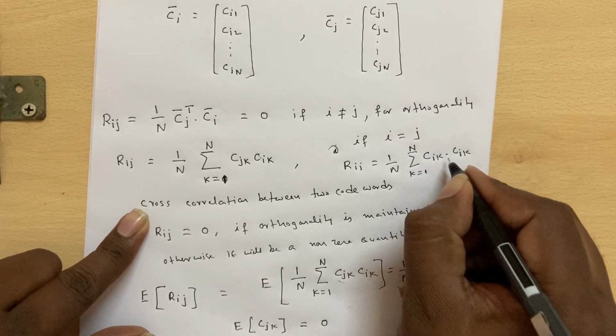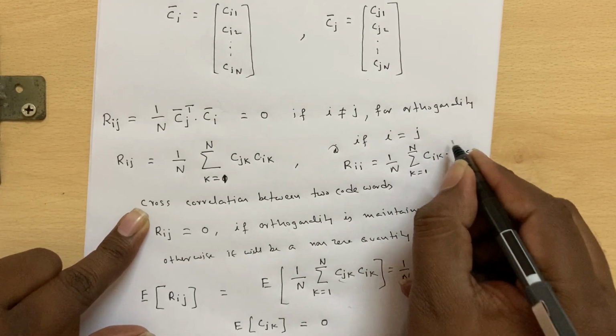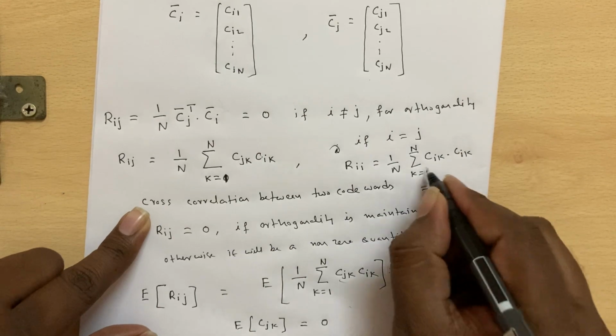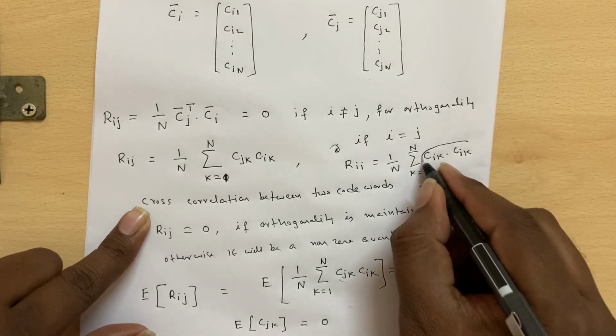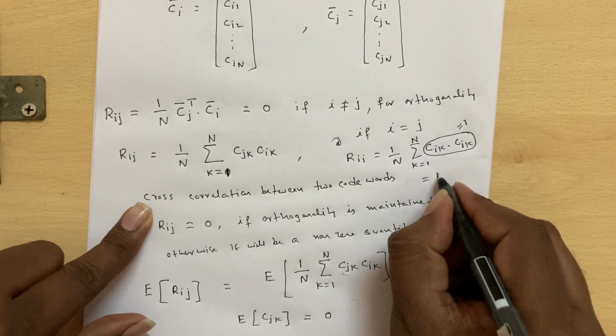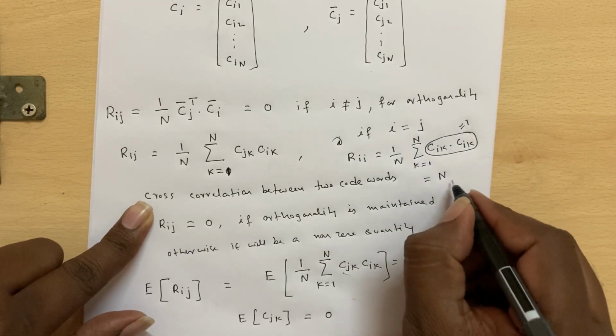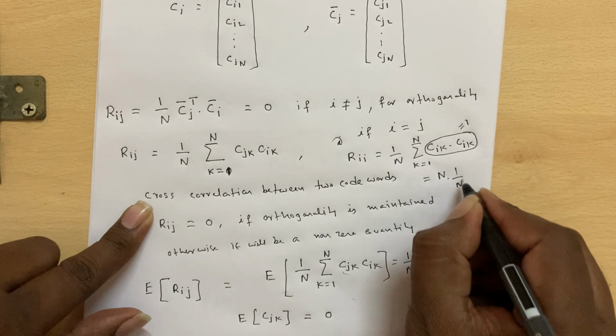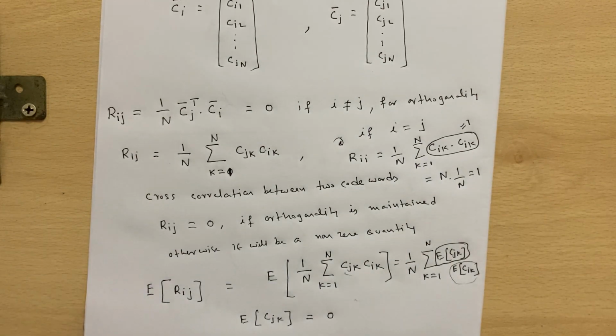Because i is equal to j, it will be Cik square, and the product will always be 1. Thereby, if i is equal to j, it will be n into 1 by n, that will be equal to 1.